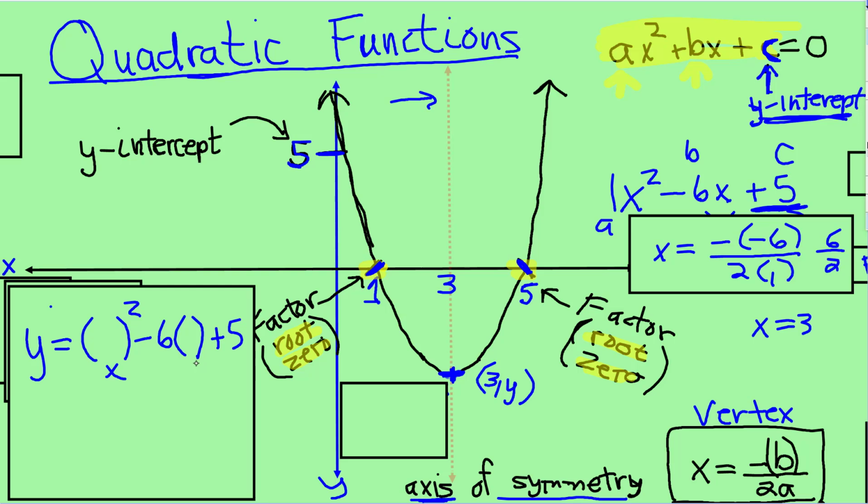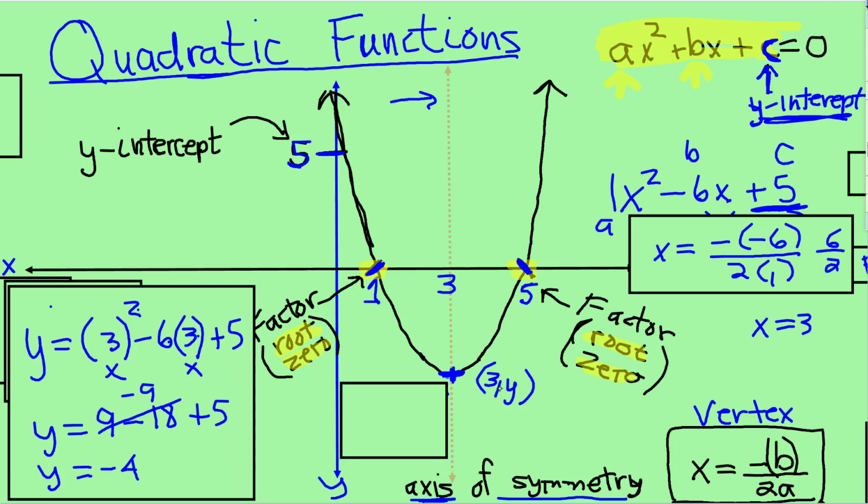And where those x's would have been, we put the x value. So y is equal, well, 3 squared is 9, subtract 6 times 3 is 18, plus 5. And then you just do the math. 9 subtract 18 is negative 9. Negative 9 plus 5 is negative 4.